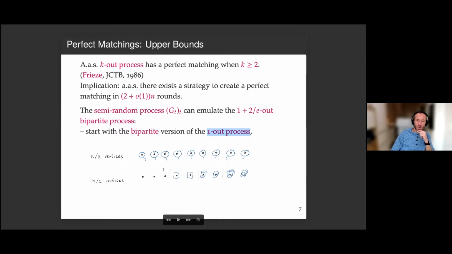So I have a 1 over e fraction of the vertices at the bottom that don't have any square. You can make the computations, but that's easy to do. That's how much you expect, and that's how much you have asymptotically almost surely. You can use some standard techniques like the second moment method to show that.